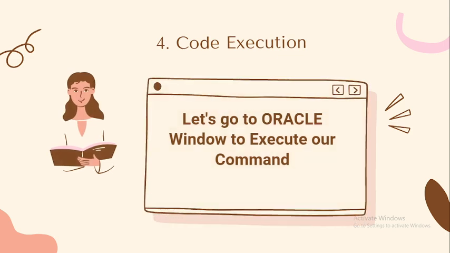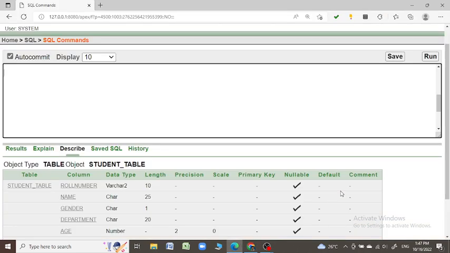For that, let's go to our next phase, that is the code execution part. Here I am using an Oracle window in order to execute our command, with the help of which we will insert some records in our table. So dear viewers, in the previous class we have already discussed how to create the structure of a table, and also once the structure of the table has been created, how we can see the structure of the table with the help of SQL commands.